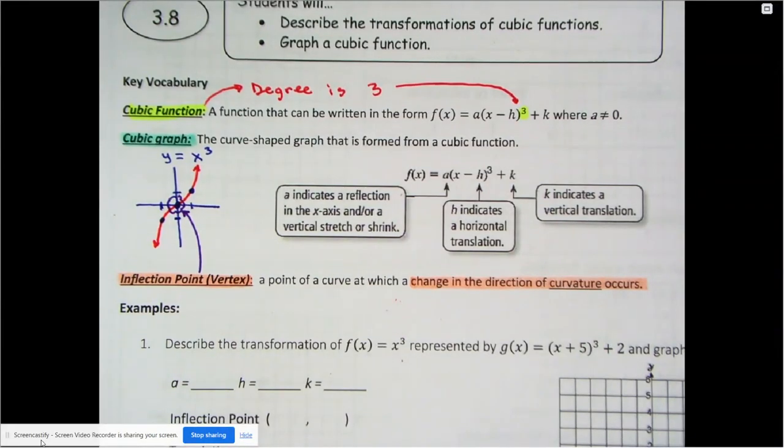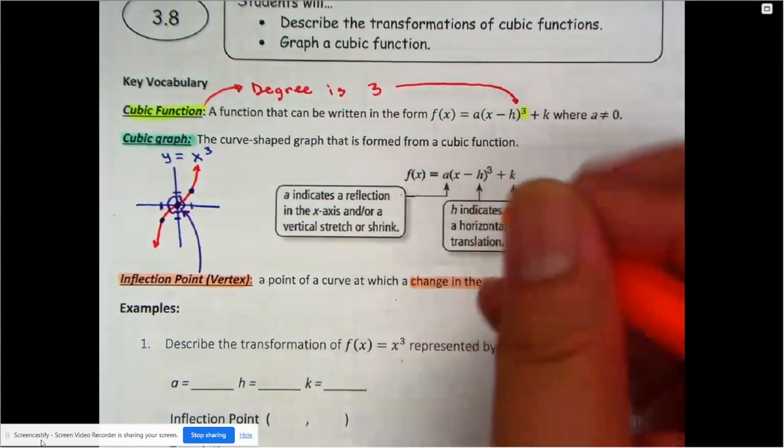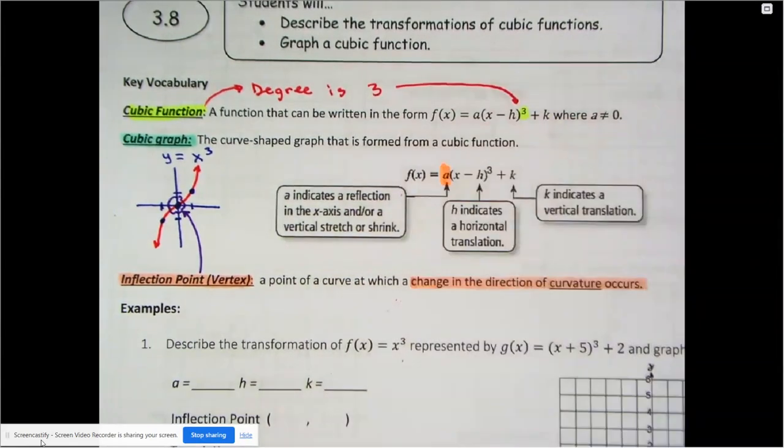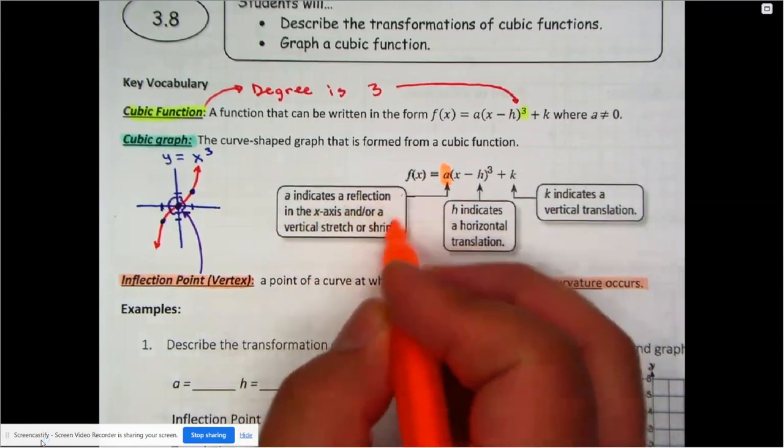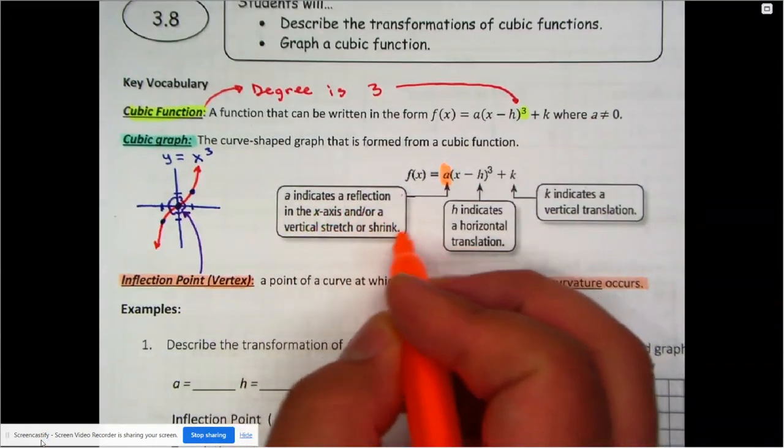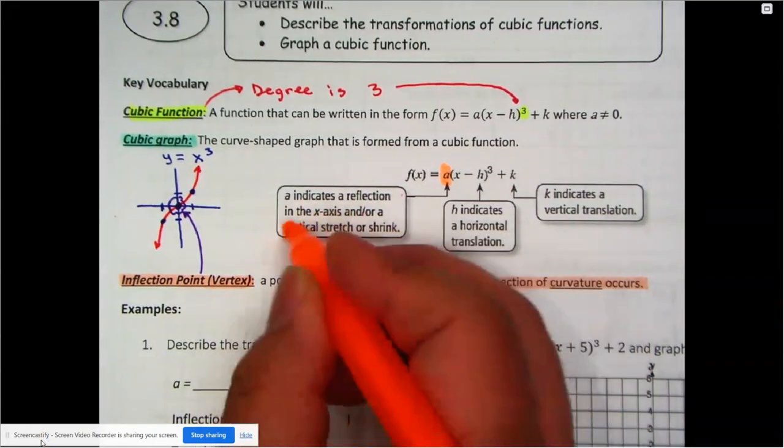And then, of course, just like everything else we've done in the past, we do have numbers in different spots. So for instance, we have the A value. When we have the A value, A indicates a reflection in the x-axis and or a vertical stretch or a vertical shrink.